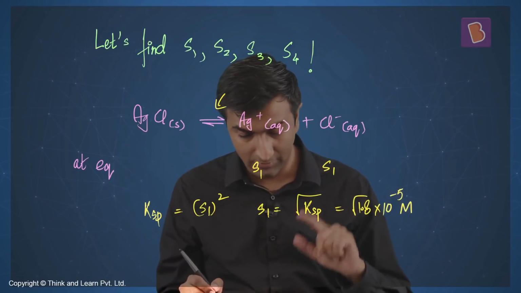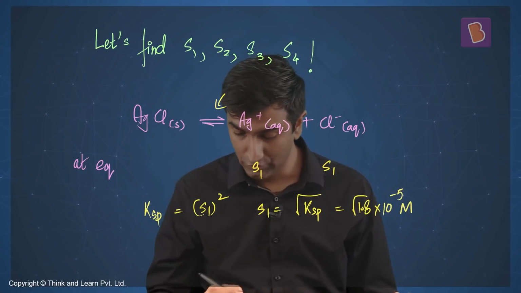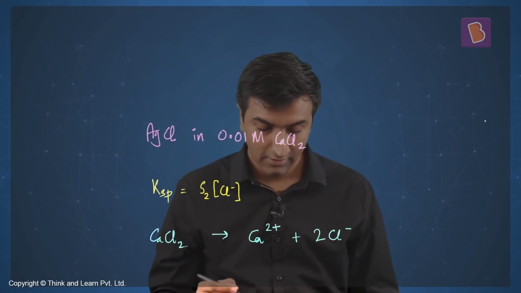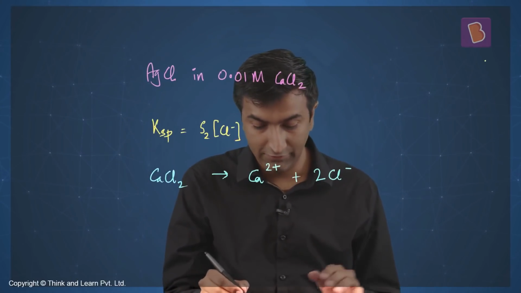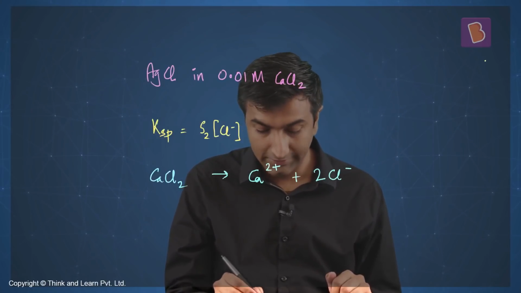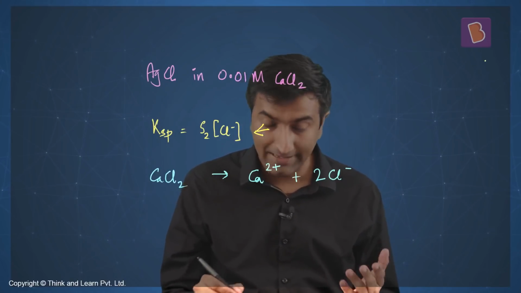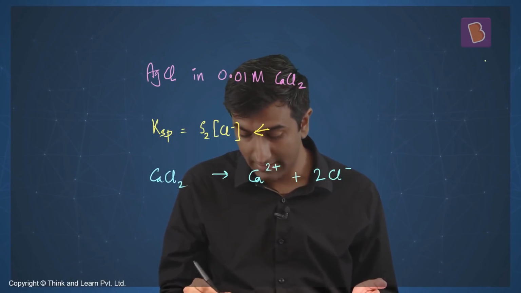Okay. So this was the solubility of just AgCl in water, nothing else. Now if I add another salt to it, what happens? Let's see. So I've put AgCl now in 0.01 molar CaCl2. Now this KSP is going to be equal to S2 times Cl minus. Why? Because the Cl minus that comes from CaCl2 is a common ion.